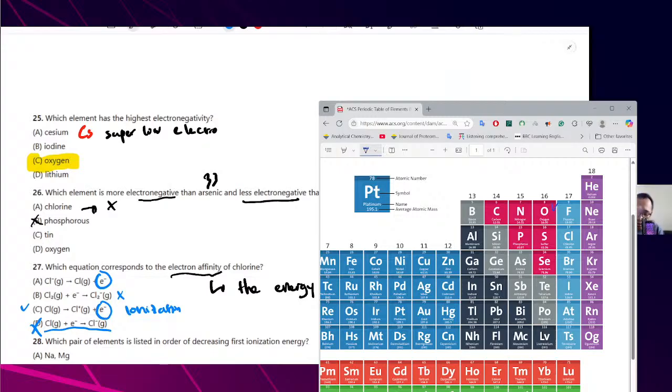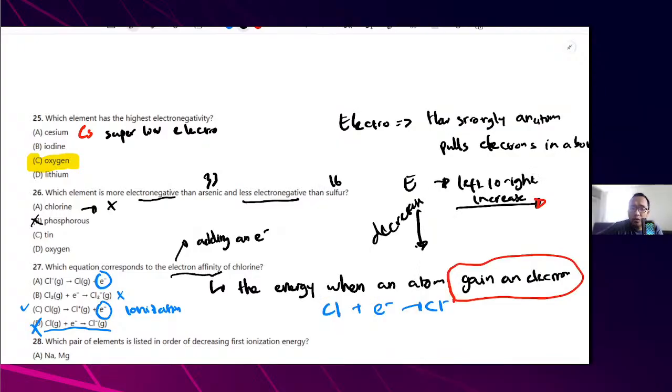Okay, so in short, adding an electron to a neutral atom in the gas phase. All right, so the answer would be D.